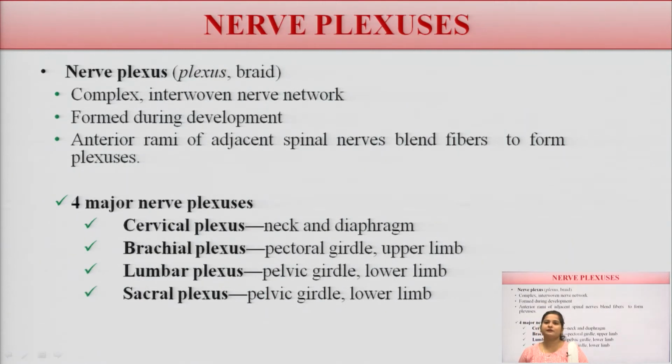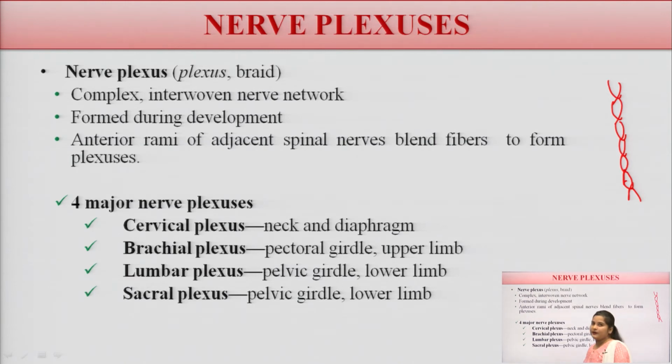Now there are some plexuses, which we call nerve plexuses, present along the spinal cord. So why do we call it a plexus? Plexus means just like a braid. Braid means just like this. Okay, just like this.